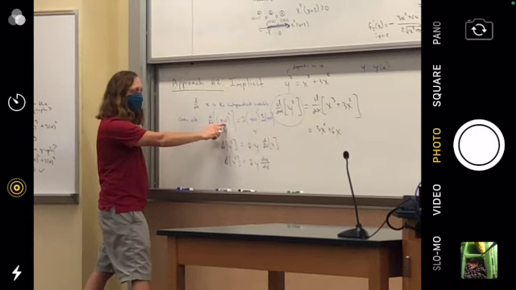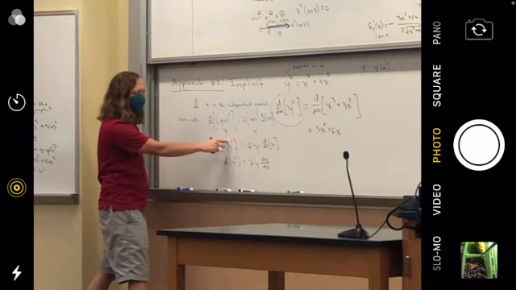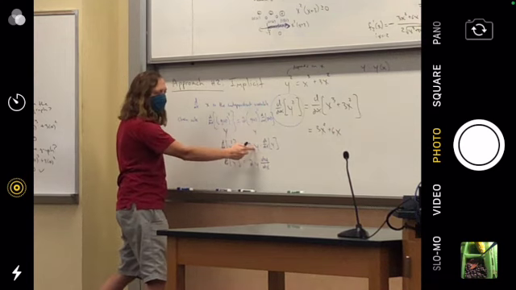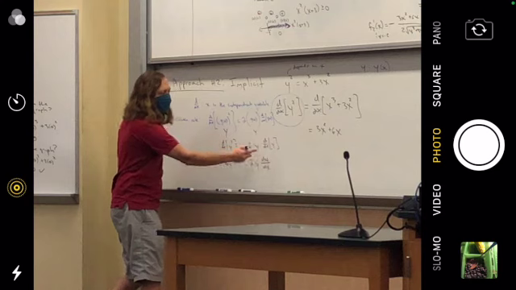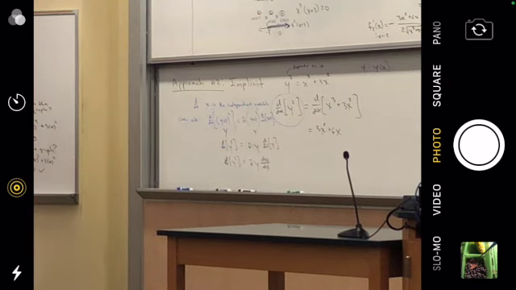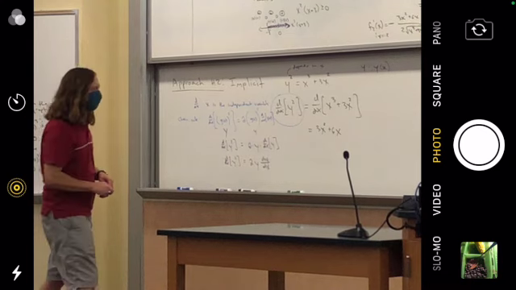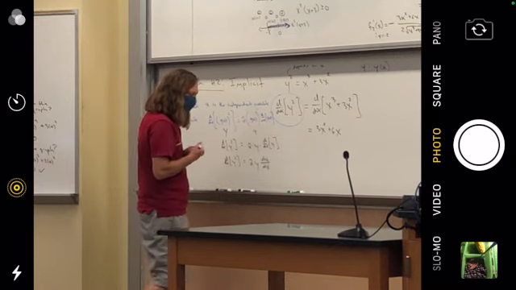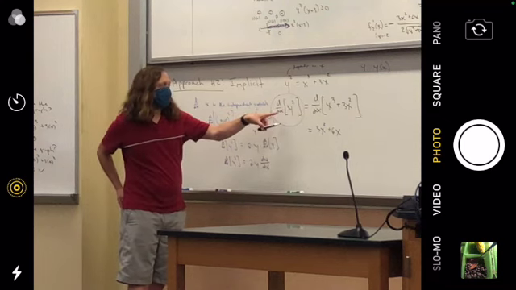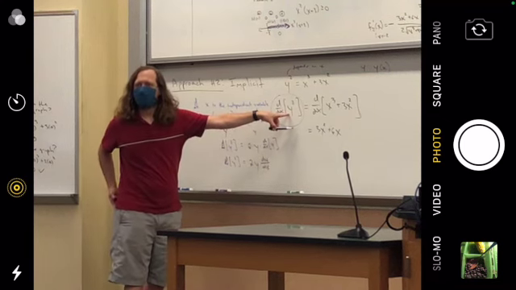Right? So from this point of view, y depends on x. How would you take the derivative of y squared? Bring the 2 down, raise it to the first power, and then multiply by the derivative of the inside part, the dy dx part. The derivative with respect to x of y squared.